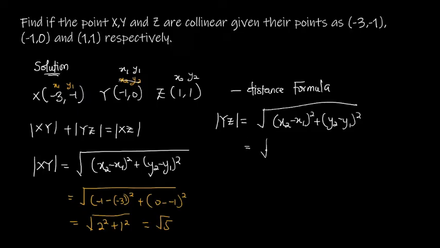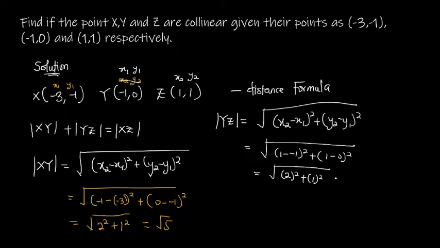So this is equal to the root of my x2 is 1 minus my x1, which is -1, so -1 squared, plus my y2 is 1 minus my y1 is 0 squared. So this is equal to 1 minus -1 will give me 2, because this becomes plus, so it becomes 2 squared here plus 1 squared, and this is equal to 2 squared is 4 plus 1 squared is 1. This gives me √5 as my answer.